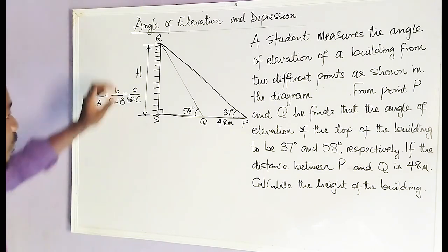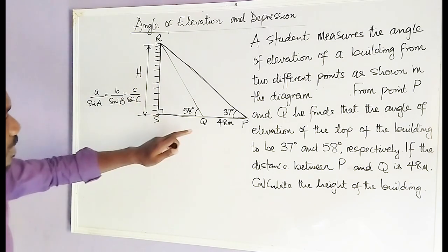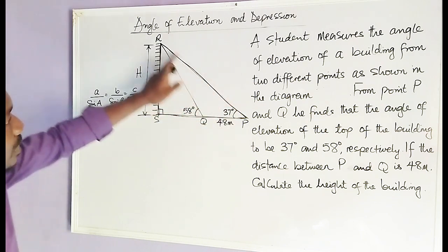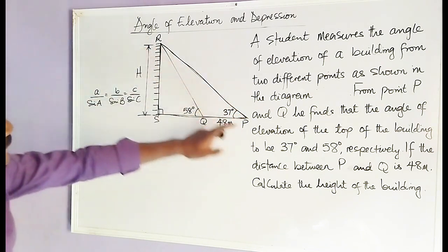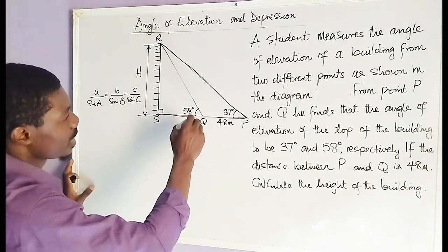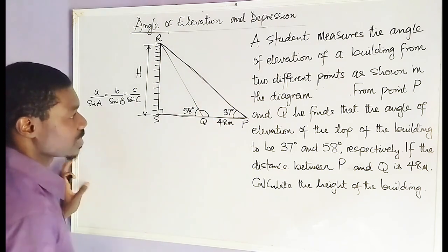For us to find this, let us ascertain this side, which is the hypotenuse, that is RP. But how do we do that? First of all, let's get here first.